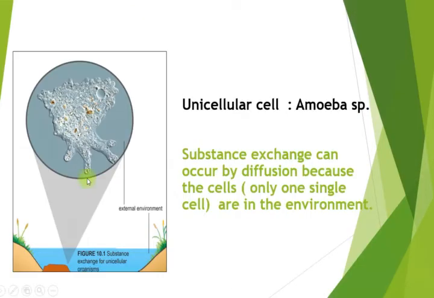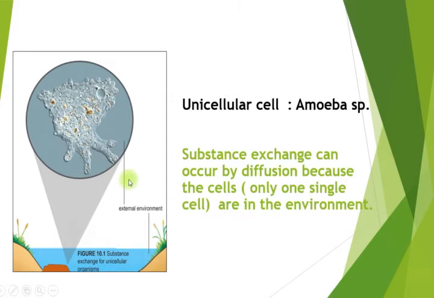So let's take a look at the diagram here. This refers to the unicellular organism, which is amoeba. Substance exchange can occur by diffusion because it is only a single cell in the environment. What does it mean?